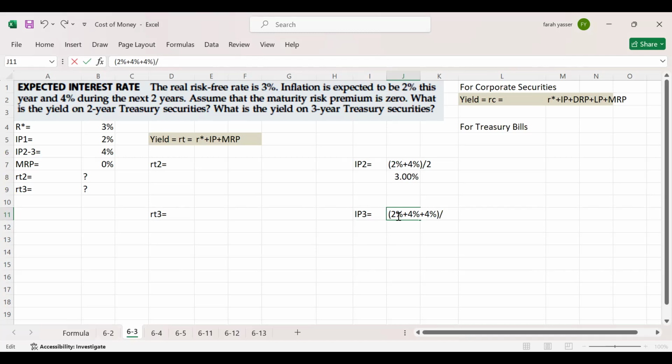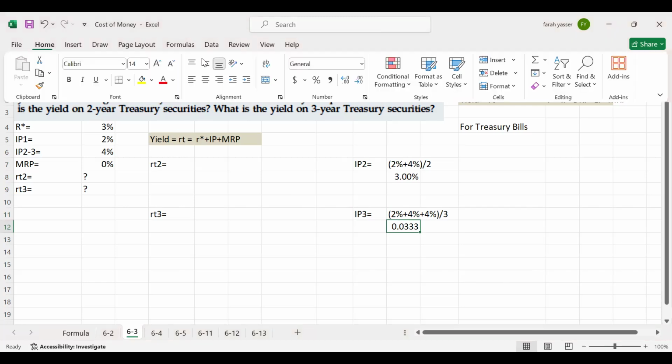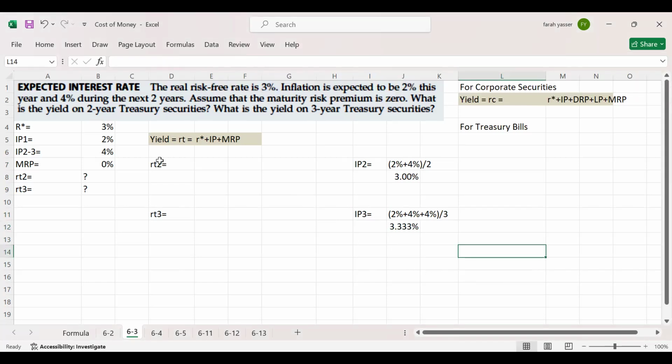And how many years are there? Three. So we will divide it by three so that we will get average inflation of 3 years. Now in percentage, it is 3.33%.